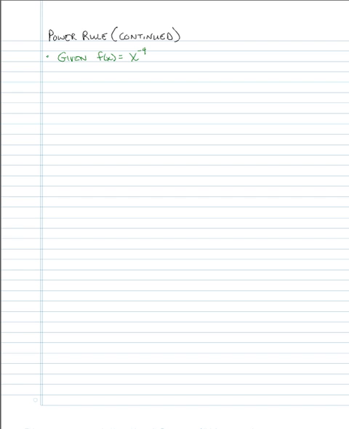So, a negative exponent. Well, the rule didn't say that we couldn't have negative exponents. Then find f prime of x.